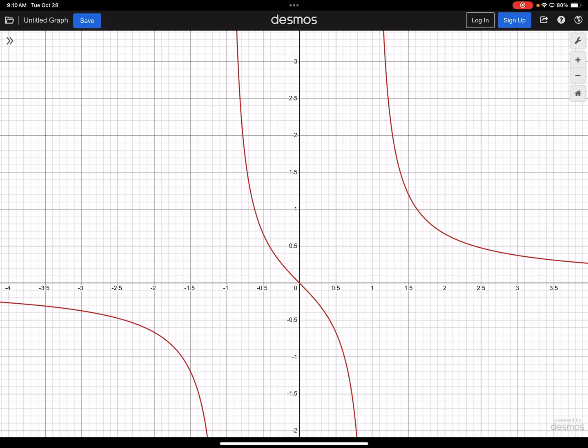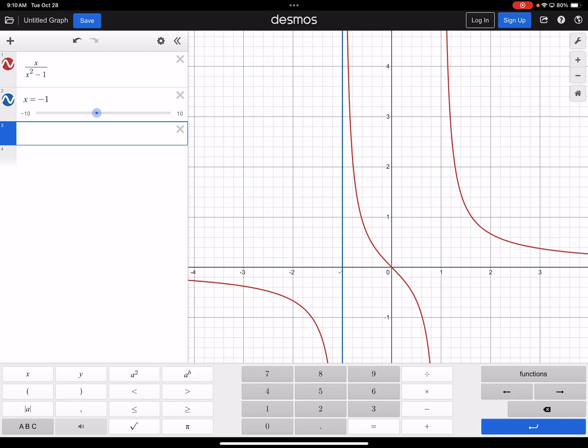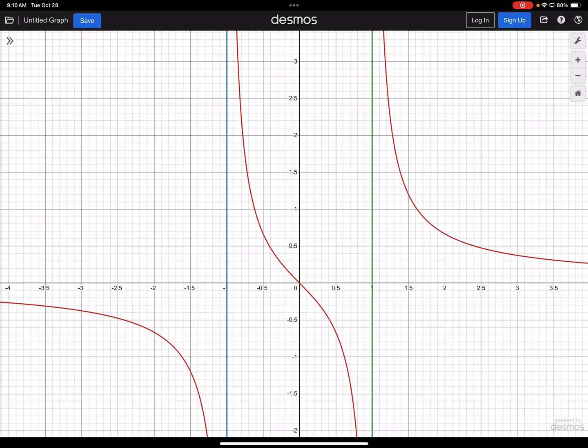If I graph those asymptotes, x equals negative 1 and x equals positive 1, my blue and my green lines are my asymptotes. You'll notice those red lines are not crossing over them. That's what you're looking for. When you graph by hand, you'll denote that with dotted lines, because they're not really part of the function. They're lines that the function doesn't cross over.